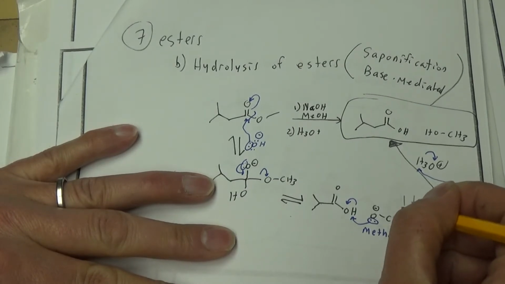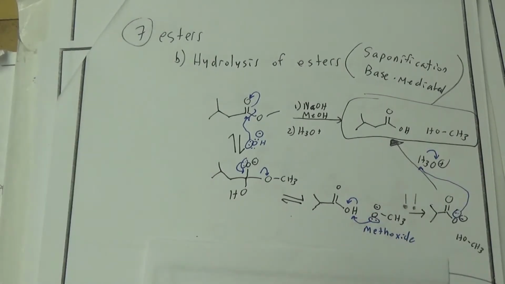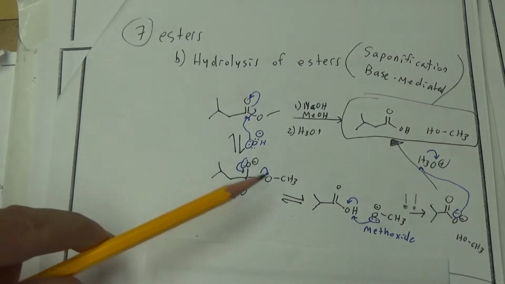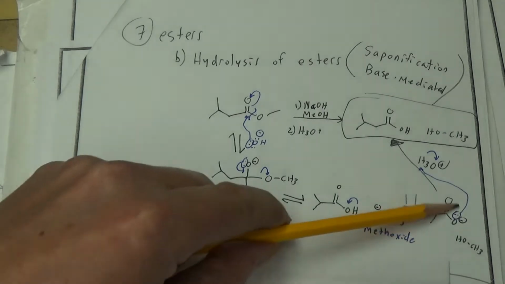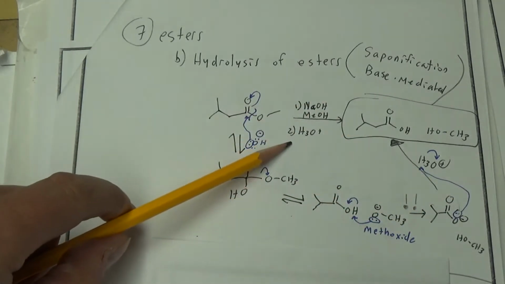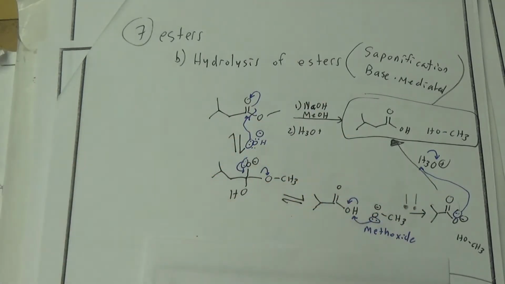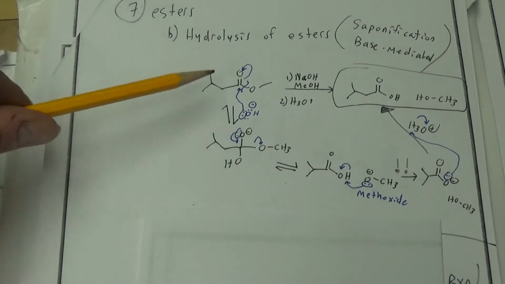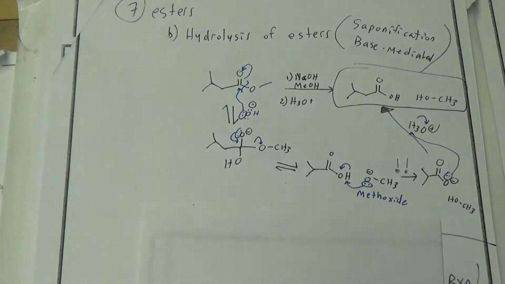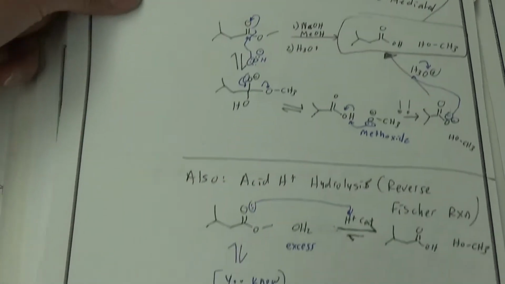And that's what drives the whole equilibrium forward, because you have an equilibrium, and then you have an irreversible reaction, and then it just grabs. Then the next step ensues with H3O, and you grab a proton from acid water. But this is base mediated. We also have acid catalyzed, and that's just the opposite of the Fischer esterification method, right?